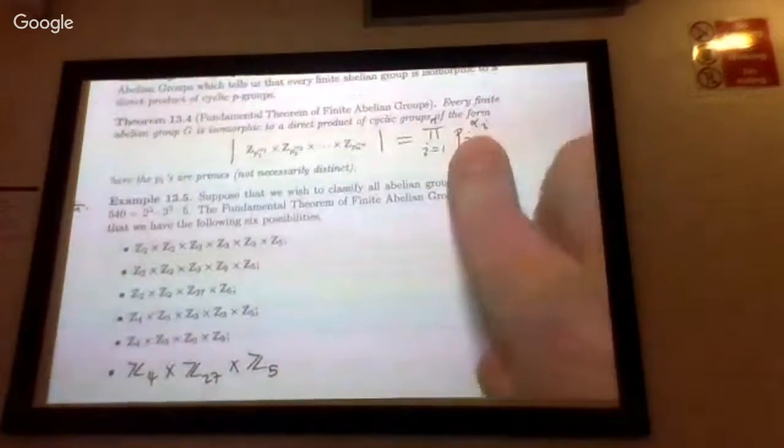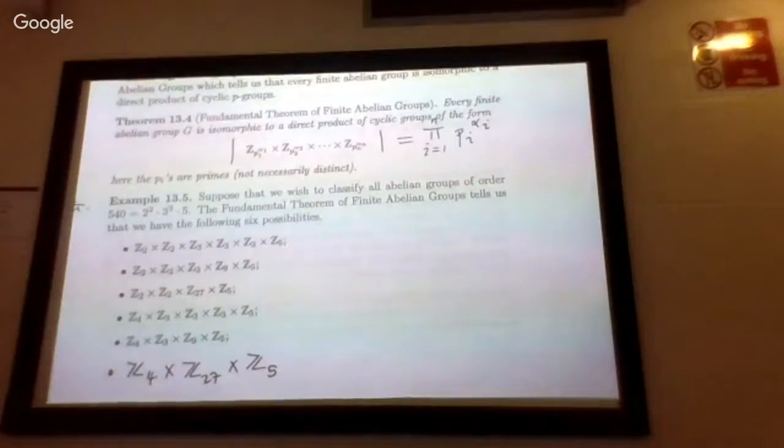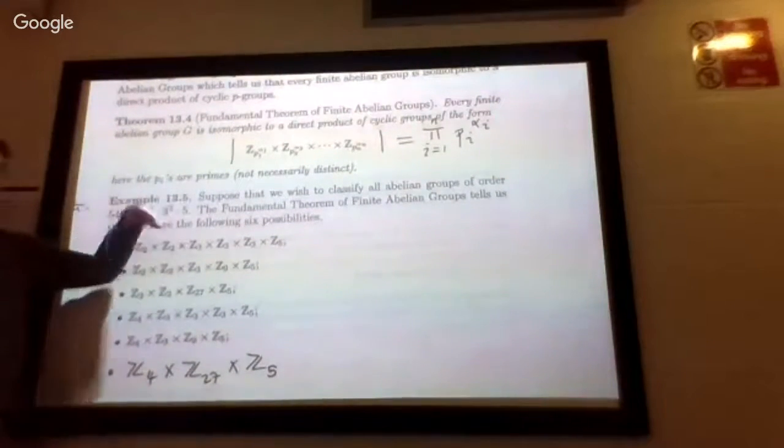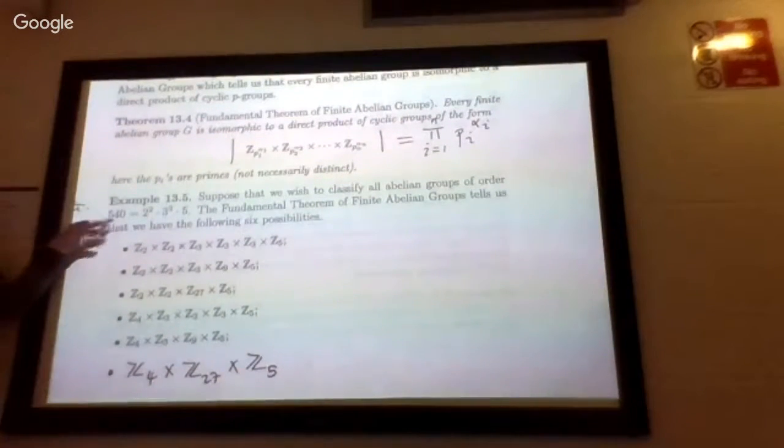So that's just been an introduction to the result itself, looking at one example of laying it out. Before we saw this, we didn't really have any way of capturing how many different Abelian groups there are of size 540. When it was pretty big, we might have wondered how many essentially different examples of Abelian groups of size 540 there are.